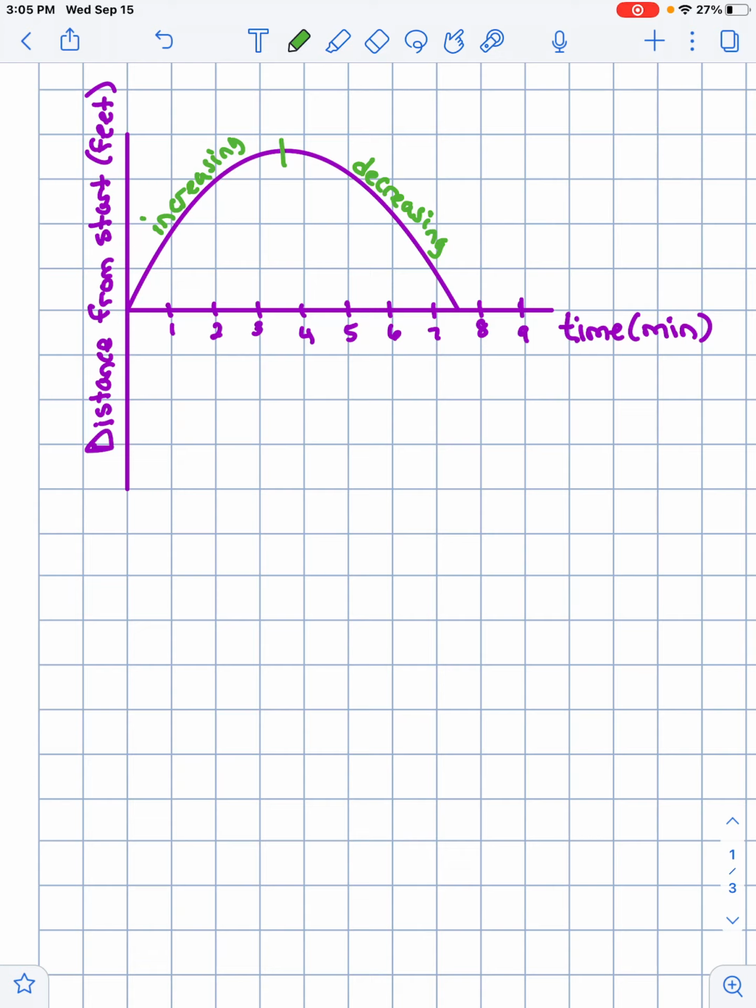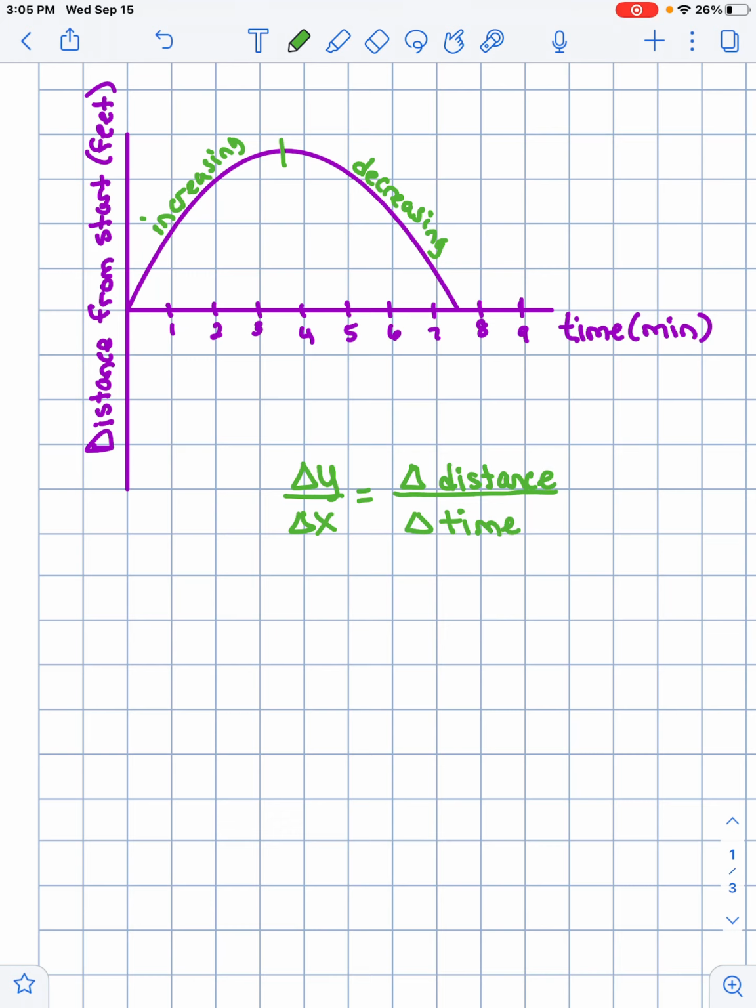So if we look at the rate of change for this graph, if I find the change in y over the change in x, delta y over delta x, y2 minus y1 over x2 minus x1. The change in the y variable is feet, or measuring distance. And the x variable is measured in minutes, or it's measuring time.